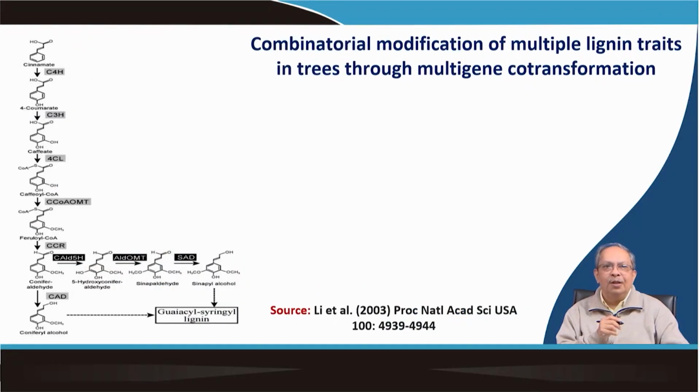And the other aspect: this is the same group, led at Michigan State University by Vincent Chiang. Their group also published another paper in 2003 in the Proceedings of the National Academy of Sciences, PNAS, where they did three things.